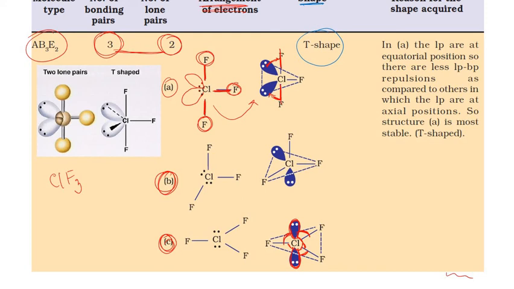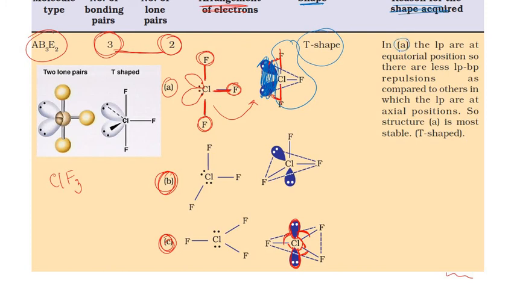As I have already told you, whenever it comes to shape, you have to close the lone pairs. If I close this lone pair with the help of thumb or with the help of paper, the remaining part you can see is only this part, that is called T shape. And if you see the reason for the shape acquired here, right?